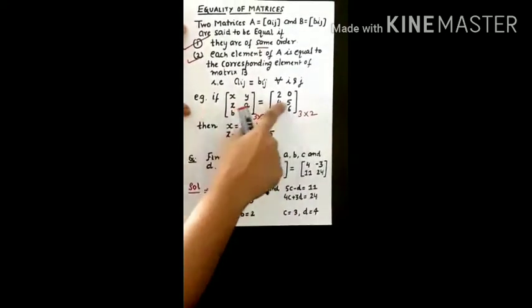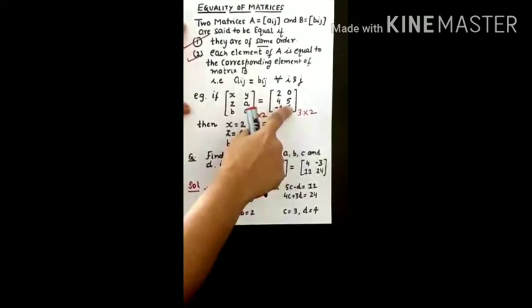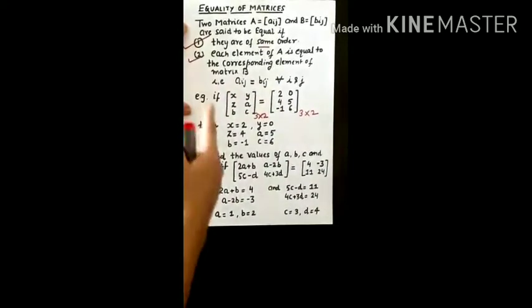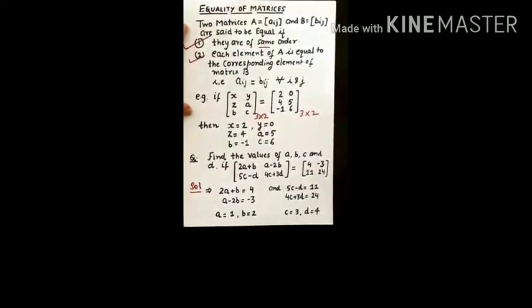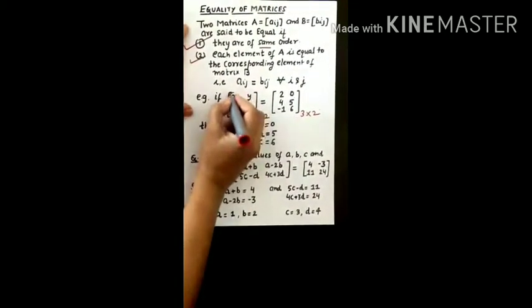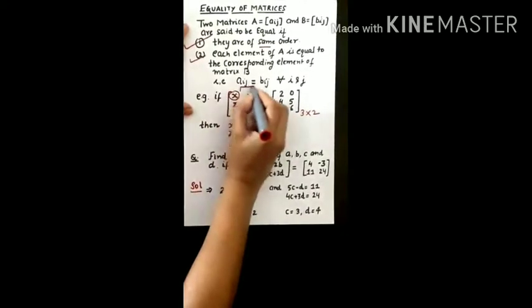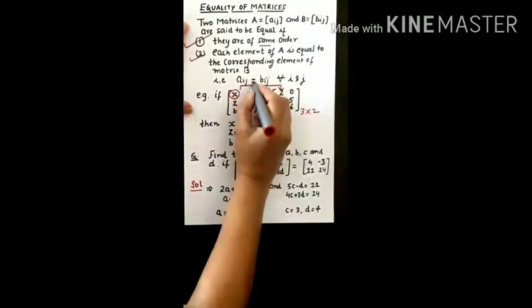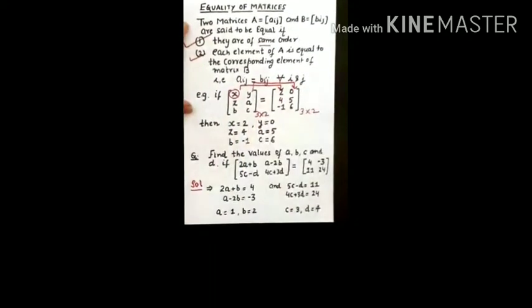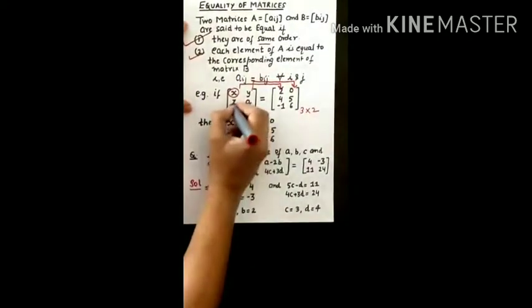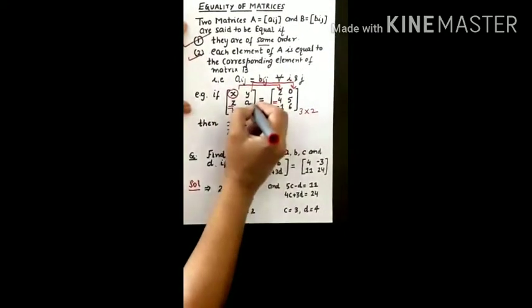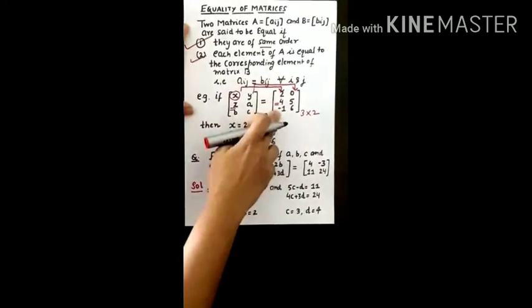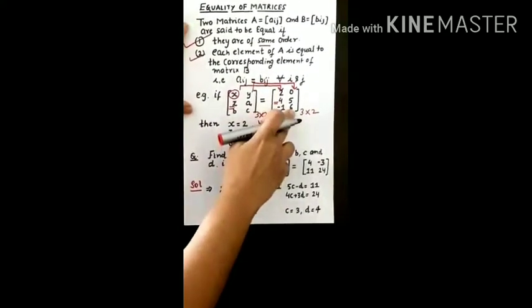So the two matrices here are of the same order, and if they are equal, that means their corresponding elements should be equal, which means that x should be equal to its corresponding element 2, y should be equal to the corresponding element 0, z should be equal to 4, a should be equal to 5, b should be equal to -1 and c should be equal to 6.